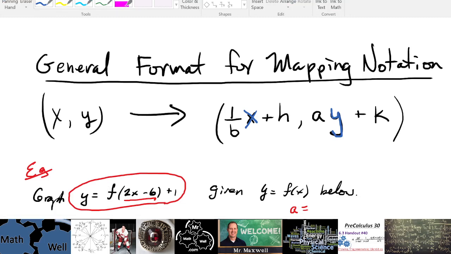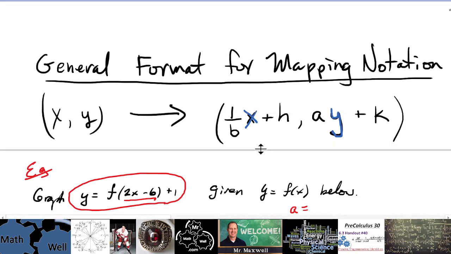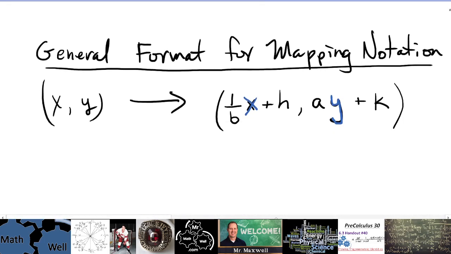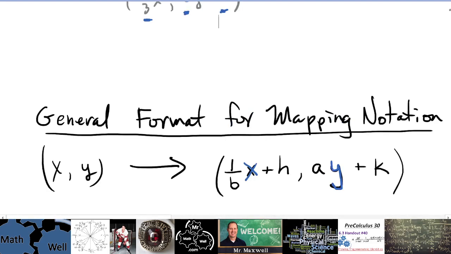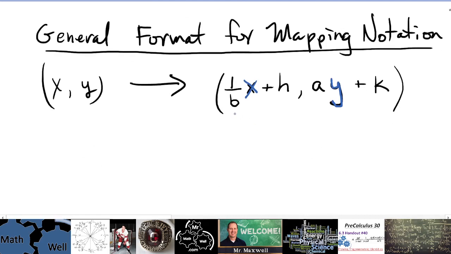So the original function has just a point, any point on the original function, x, y. The mapping notation will transform this point, x, y, into the new point by doing 1 over b, that's a b there, that's not a 6, that's 1 over b times x plus h.